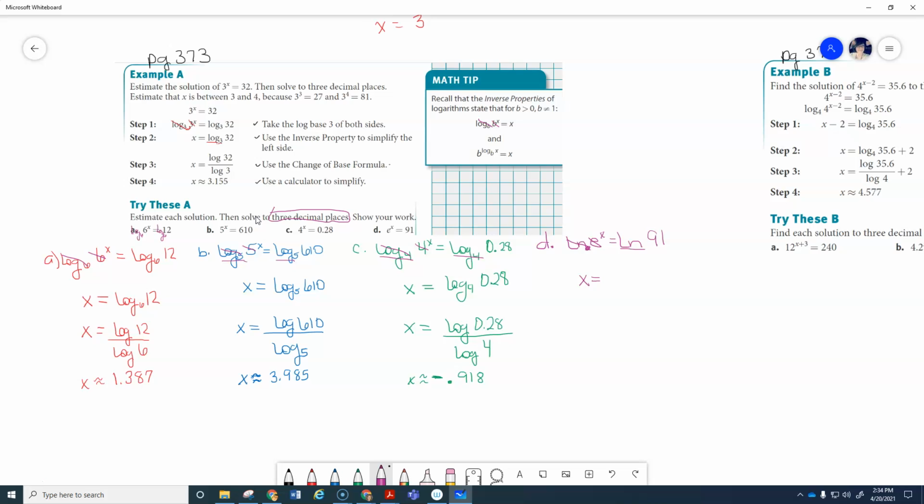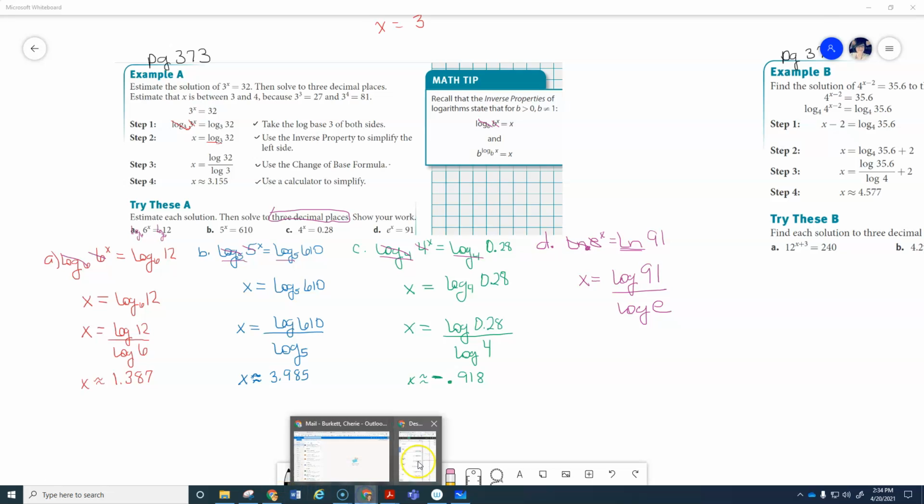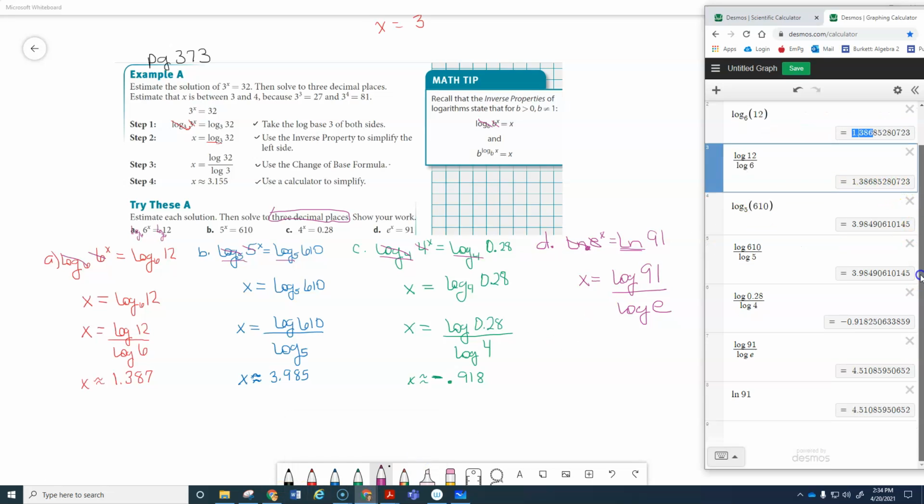And most calculators do have a natural log button. However, you can still do the change of base with this. This would be the natural log of 91 divided by the natural log of e. And if you noticed on my calculator, if I scroll down, you can see that on my calculator I did the natural log of 91, and it came out to be 4.511.